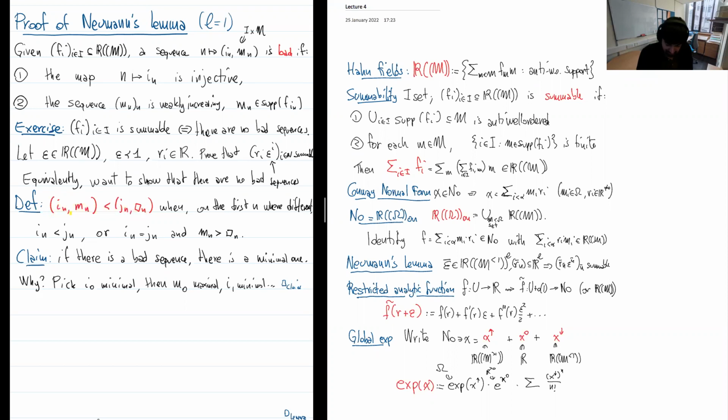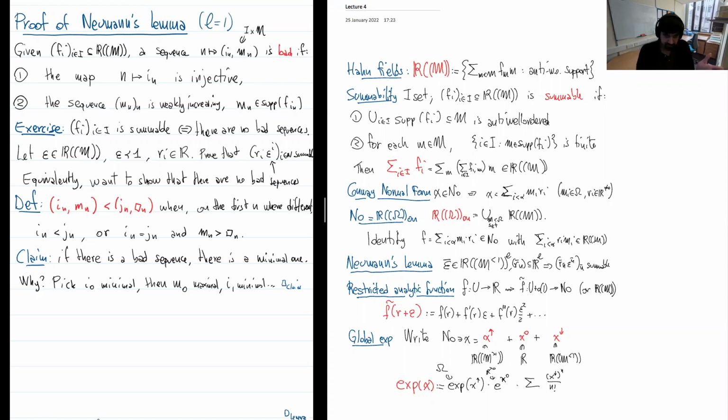And this is really the core of the argument: the fact that there is a way of building this minimal bad sequence. Now I claim that given a bad sequence, I can always generate a smaller one. And that's clearly in contradiction with this claim, because we said we're taking a minimal one.